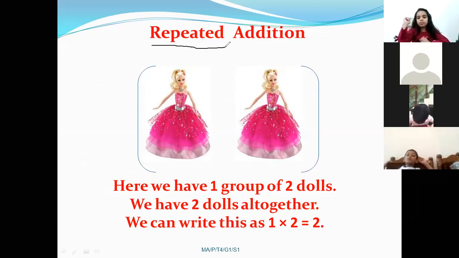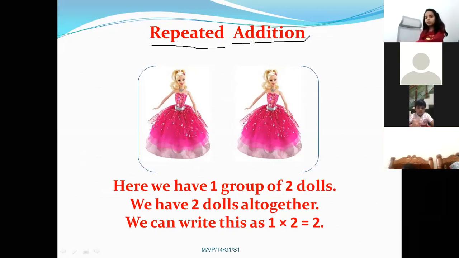Repeat means again and again. When you write something or say something again and again, that is known as repeated. And addition means, you all know, when we put something together. So when we write the same number again and again with a plus symbol, that is known as repeated addition.